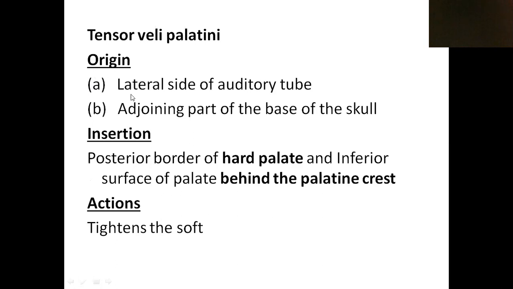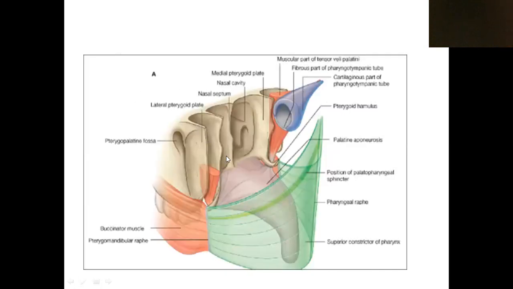Origin: it arises from the lateral side of the auditory tube and the adjoining part of the base of the skull. In this diagram, this is the nasal cavity, this is the soft palate, and below that comes the oral cavity.